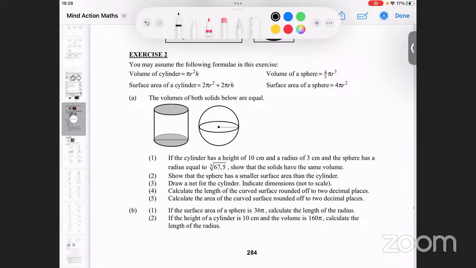Ma'am, can we say that 4 over 3 pi r squared is equal to 160 pi? Wait, can you give me that formula again that you're using? 4 over 3 pi r cubed is equal to 160 pi.